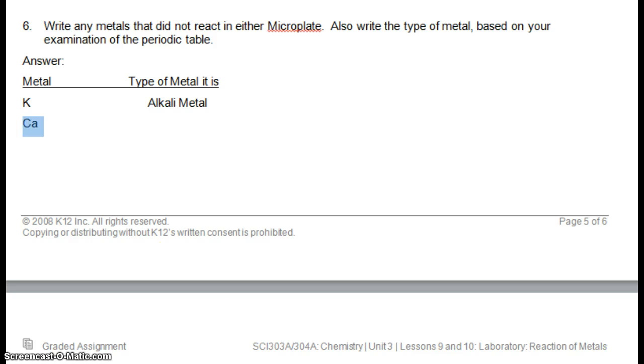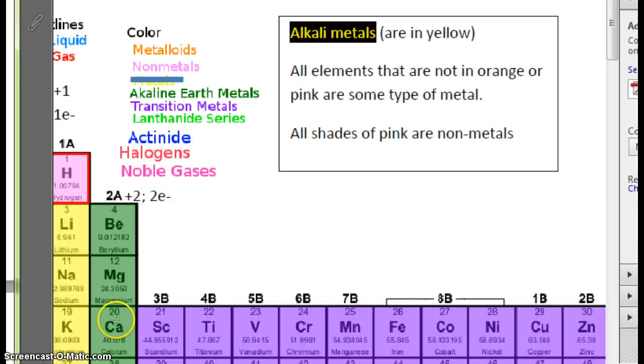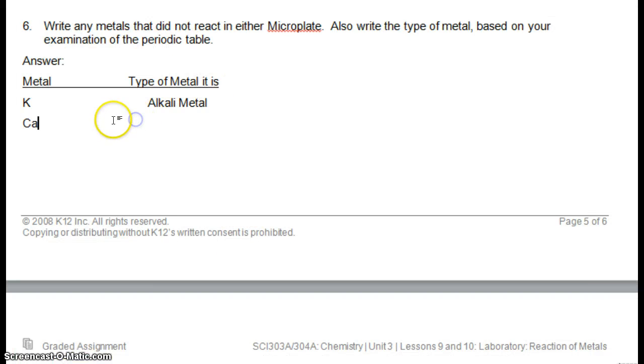And let's look up calcium. Calcium's right here. So what is calcium? Calcium is an alkaline earth metal.